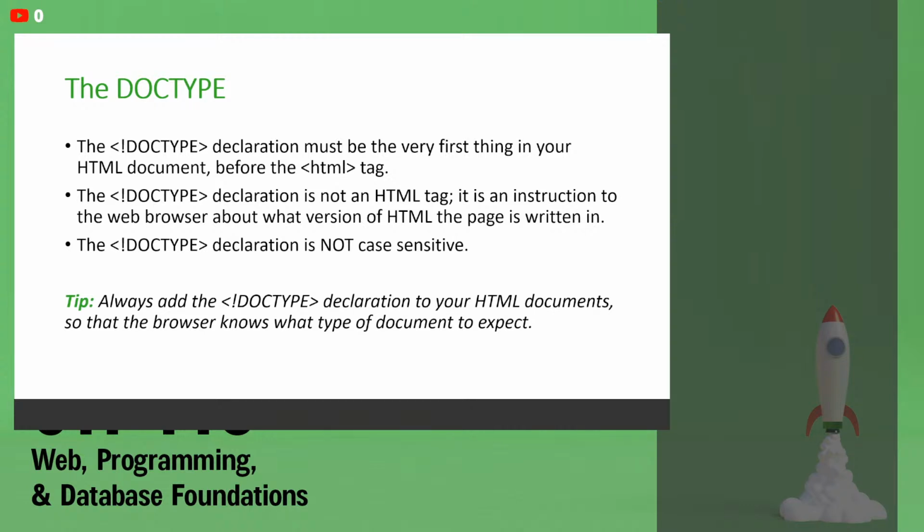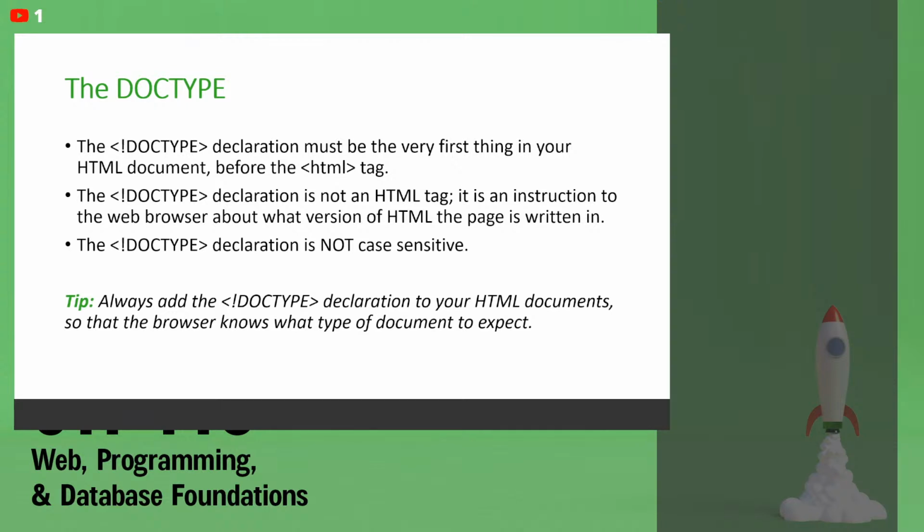And so our doctype here operates very similarly. Our doctype declaration has to be the very first thing at the very tip top of our HTML document, before the opening HTML tag. It's not an HTML tag, but it's an instruction to our web browser about what version of HTML the page is written in.